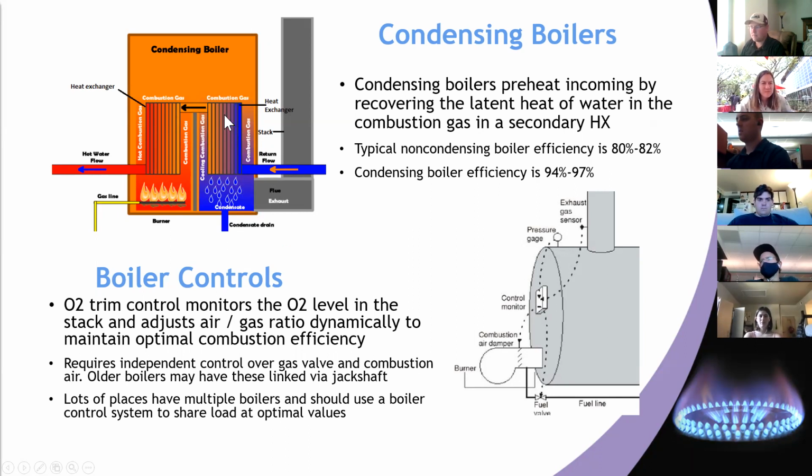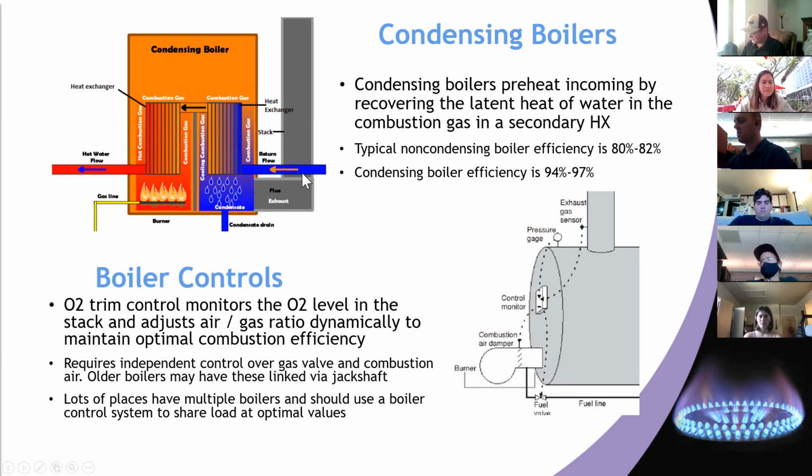So the secondary heat exchanger, the combustion products include gas and CO2, and that gas is in a vapor phase. So condensing that CO2 results in that latent heat being recovered, going into the returning water. And then you'll have liquid condensate coming out of that flue gas.